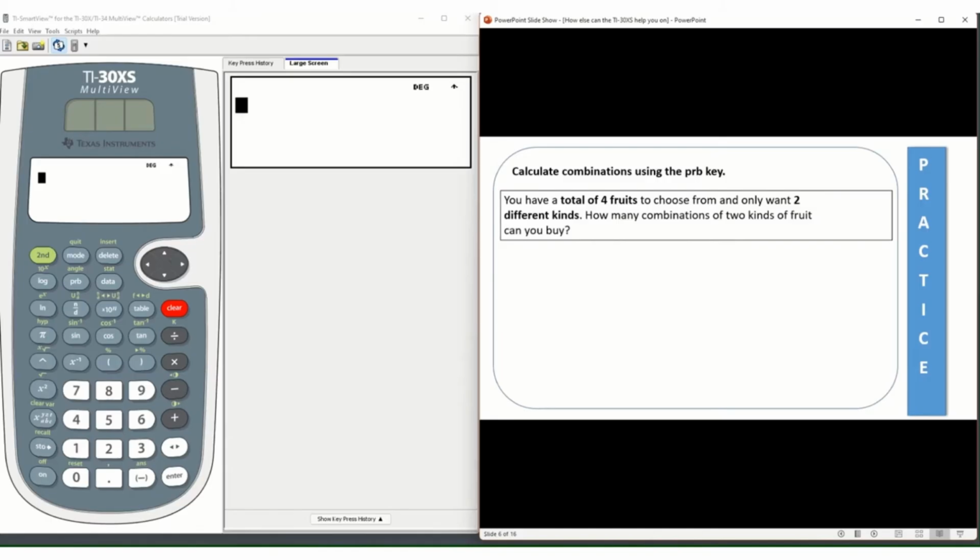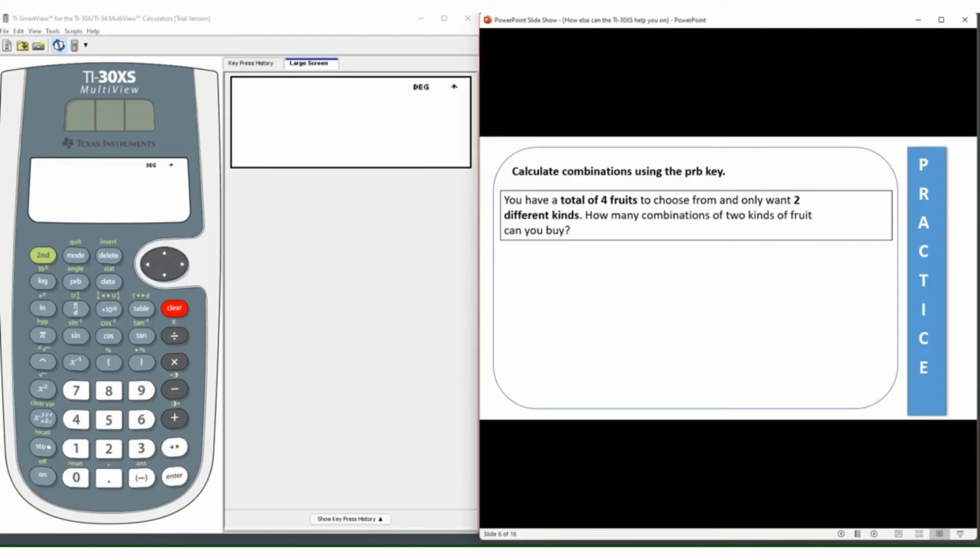So if the question is asking you about how many different combinations of outfits Johnny can have if he has 6 pairs of pants, 3 pairs of shoes, and 7 shirts, that will be done by using the fundamental counting principle. But as you can see from the example on the screen, there are only one type of combination or large group to select from, and that's the fruit. And so we're going to be able to use our calculator with this one.